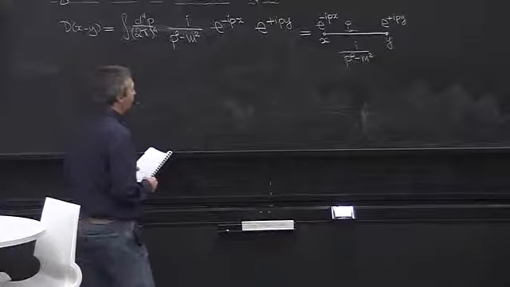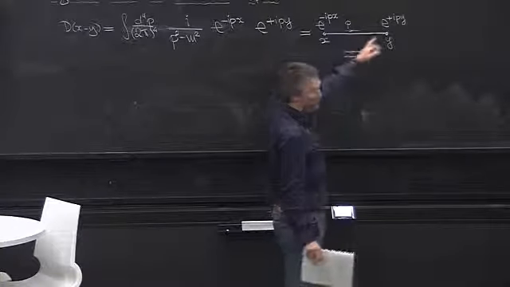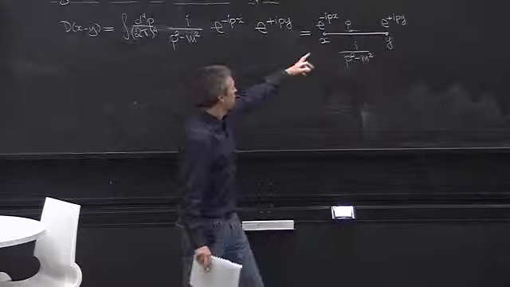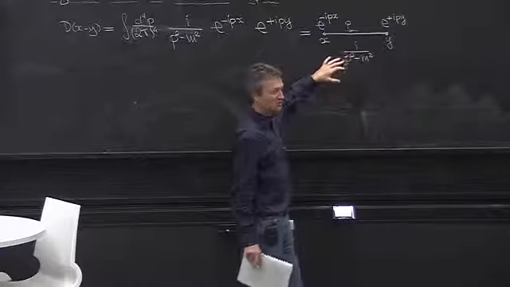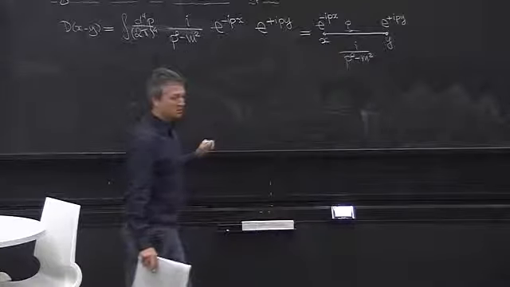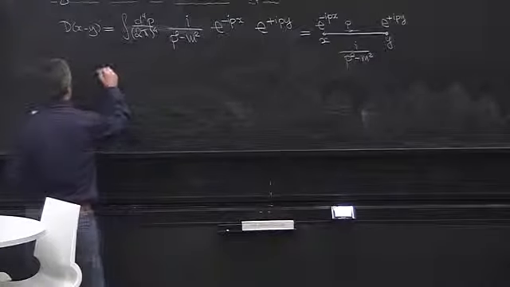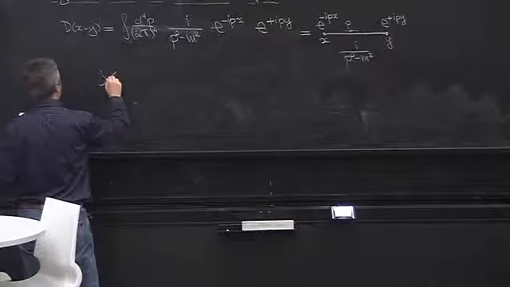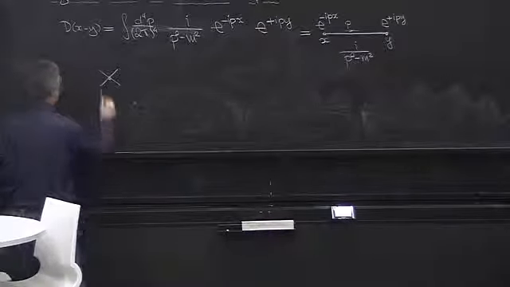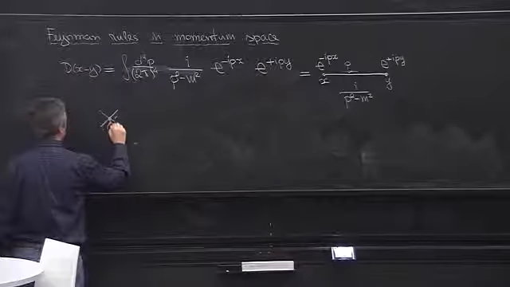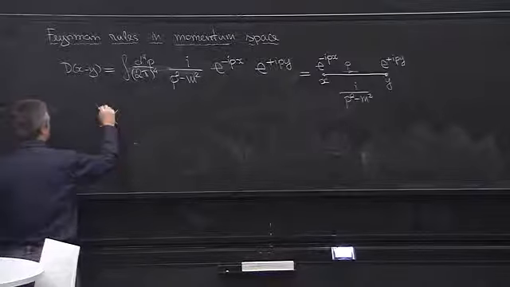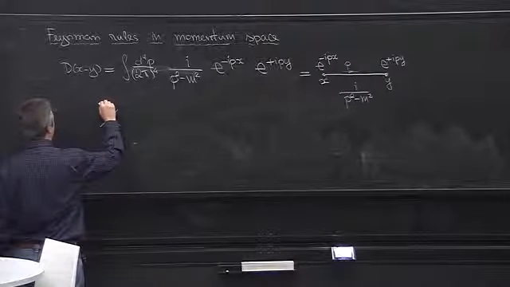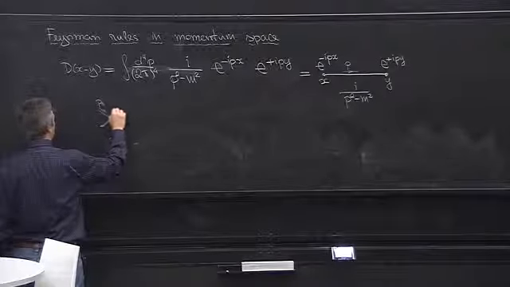So these endpoints in some Feynman diagram can be either an external point or a vertex over which we then integrate. So let's look at what happens at the vertex. So we have a vertex at the position x. And now let's assume that all momenta that flow into this vertex are incoming.